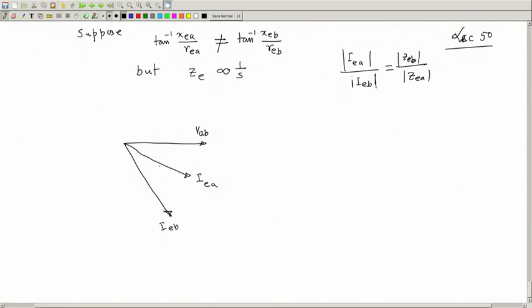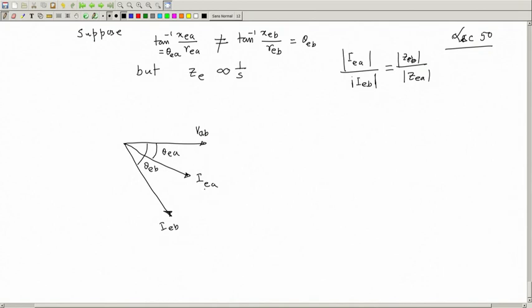These lengths are decided by these ratios for a given load current. Suppose this angle is theta EA and this angle is theta EB. Is it not? This way it will lag. Earlier these two angles were the same, and IEA and IEB were in phase.